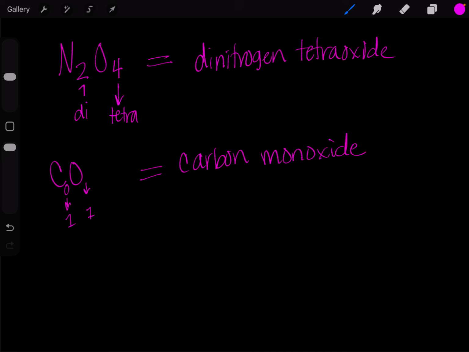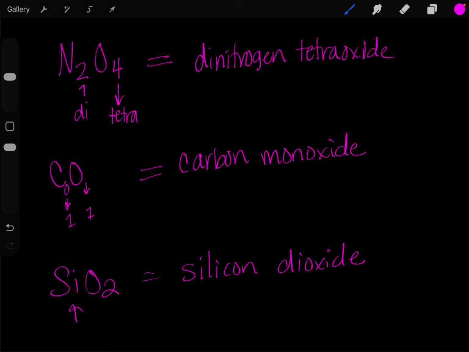You've heard of that before. And then if you have this one right here, SiO2, silicon. Again, not mono, just silicon. Silicon dioxide.